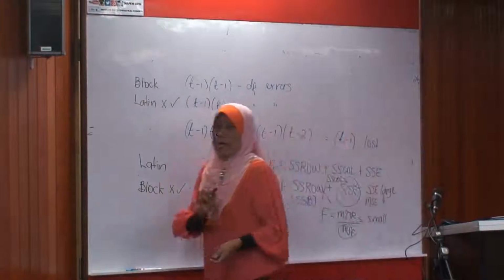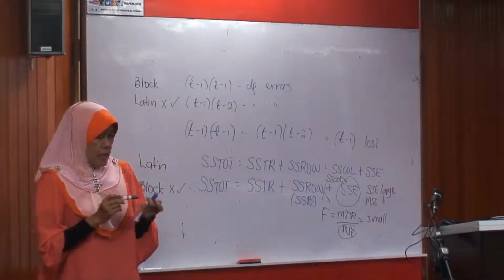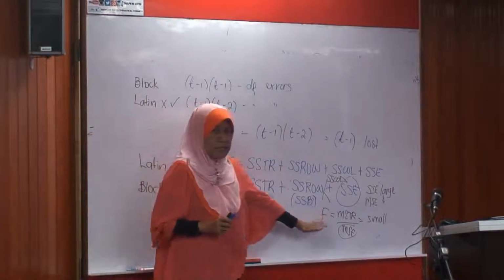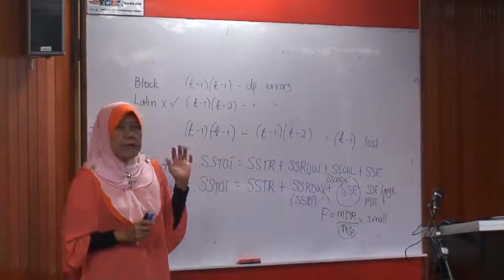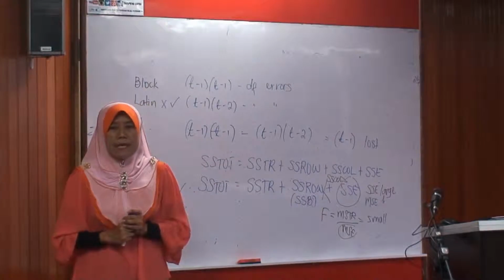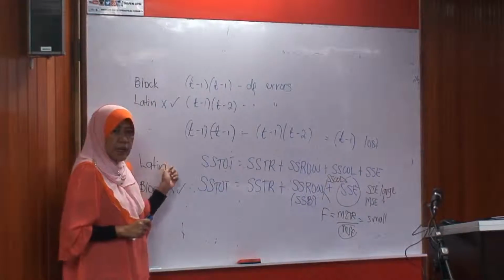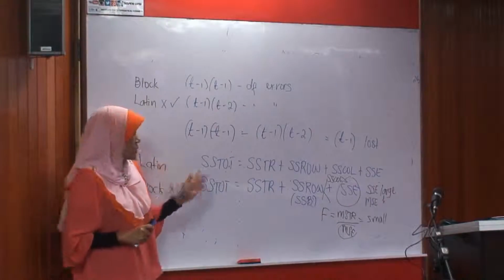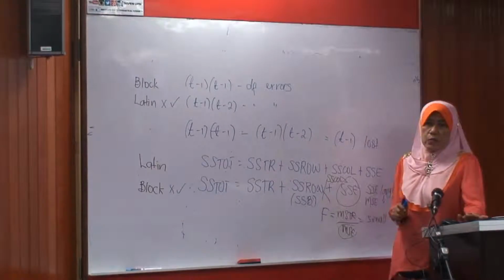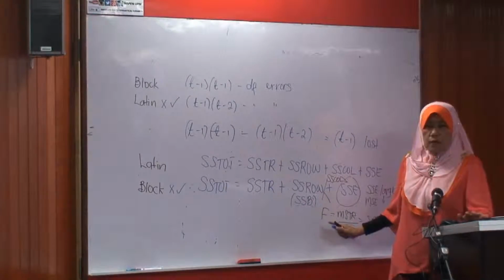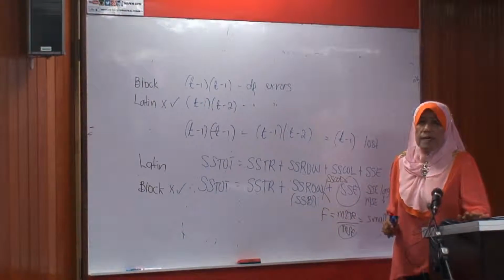When F becomes small, the test will be insignificant. So the result of the test is insignificant, meaning that you have made the test less sensitive unnecessarily by not using the Latin square when it is necessary. These are the consequences of not using the Latin square when it is necessary: you make the test not significant and less sensitive unnecessarily.